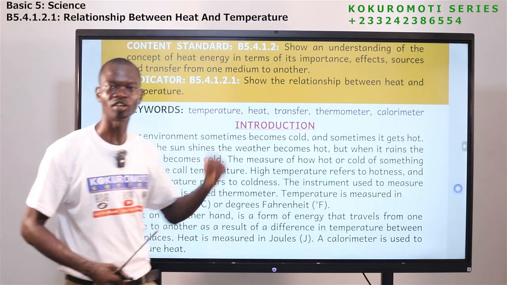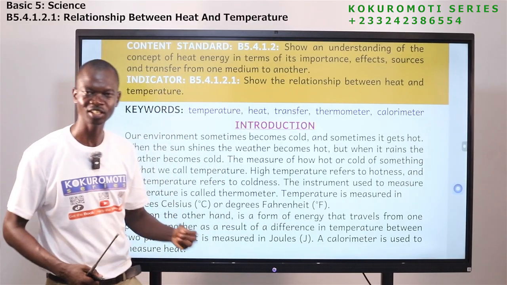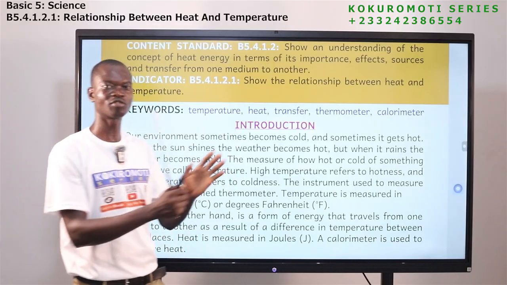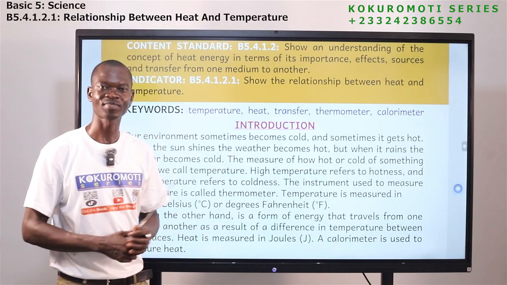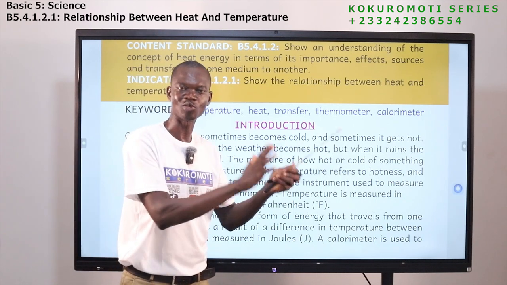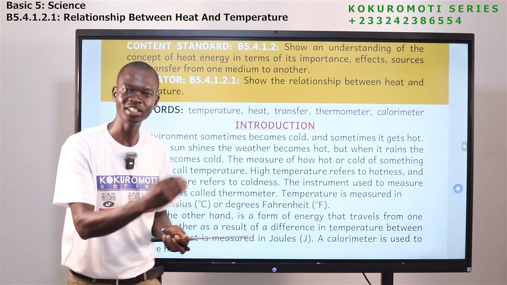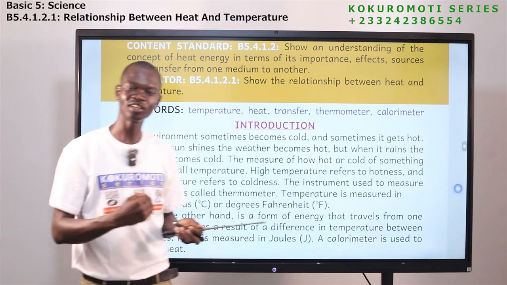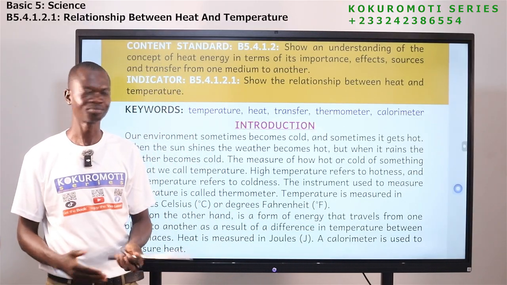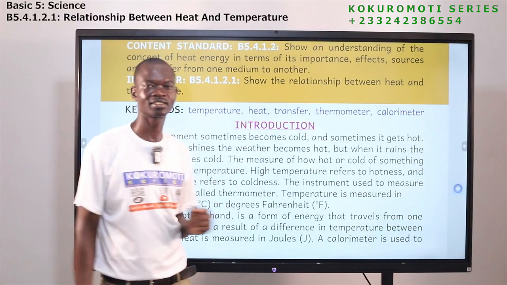The degree of hotness or the degree of coldness of a substance. So if you have water, the water is either cold or hot. The degree of the coldness, the degree of the hotness, that is what we call what? Temperature.